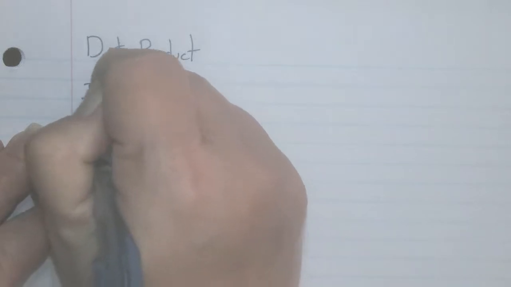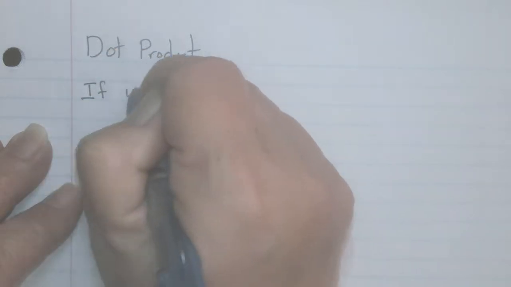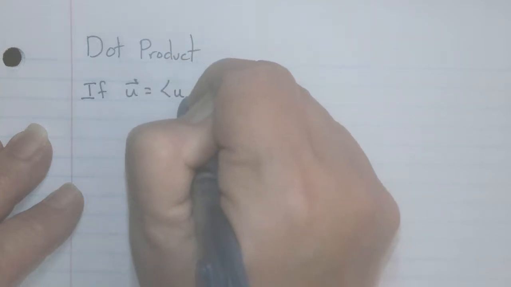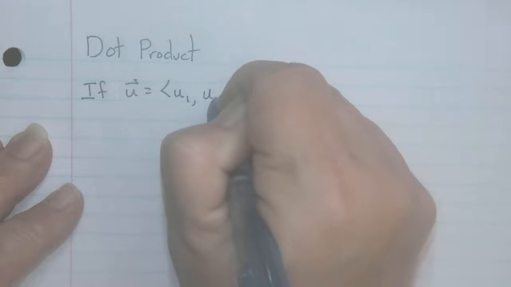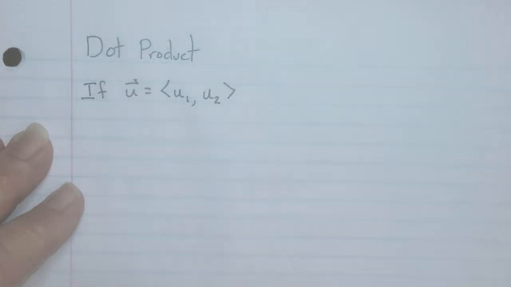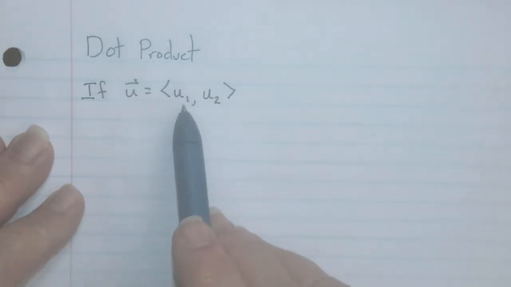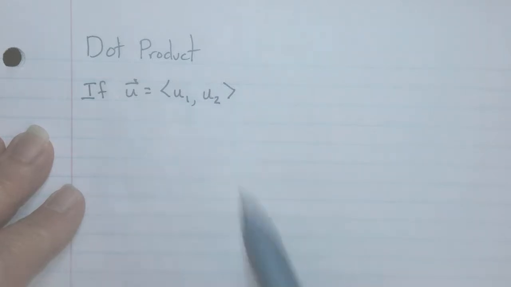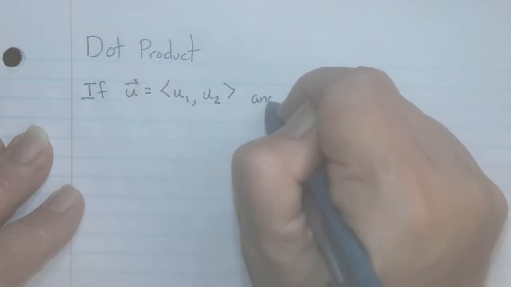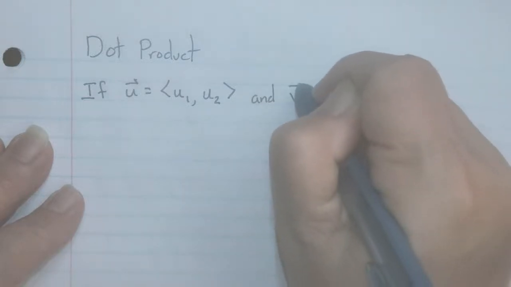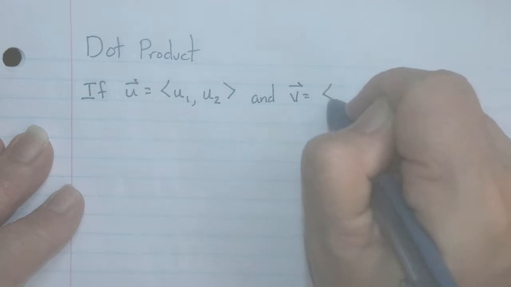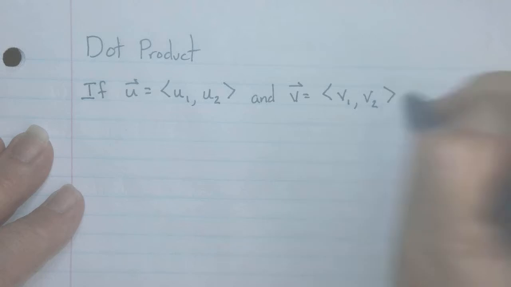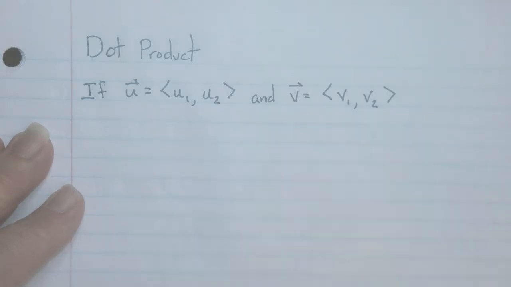So what the dot product says, if we have two vectors, if we have vector u with the components u1, u2, so reminder, u1 is your horizontal component, u2 is your vertical component, and we have another vector, vector v, and it is v1, v2, again, horizontal and vertical.